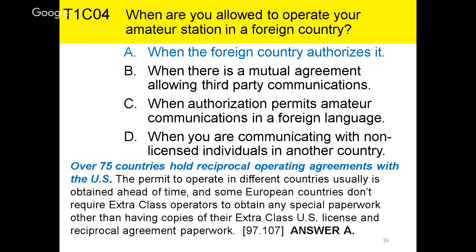But predominantly, if you want to get a reciprocal operating permit, you would almost have to have an Extra class US license in order for a reciprocal agreement to be granted. I checked on that. My wife, being a Tech class, would not have been allowed to have a license in the Bahamas, nor to operate. So I thought, well, what's the point? I didn't do it.